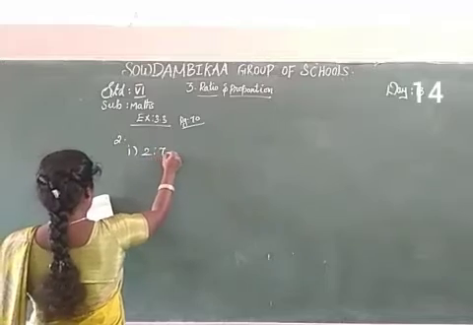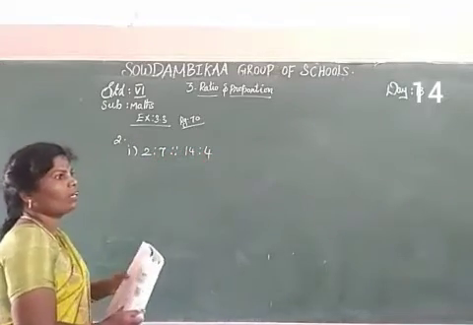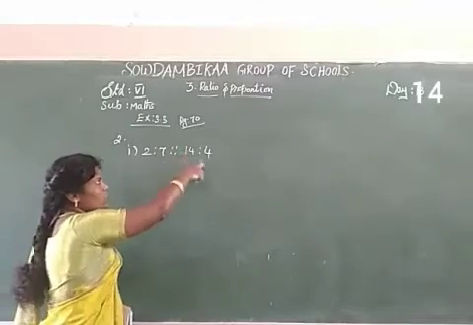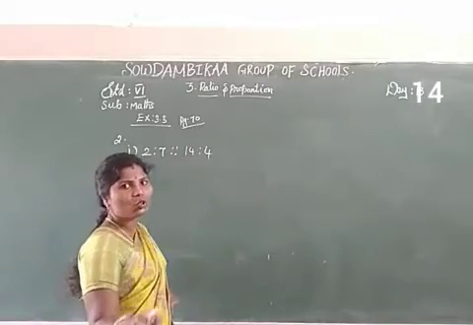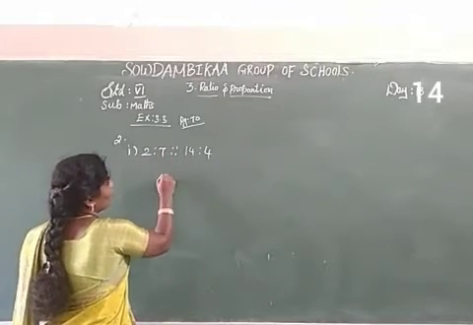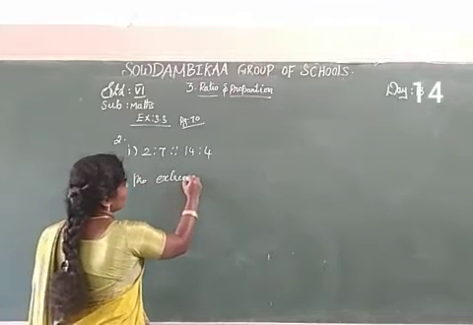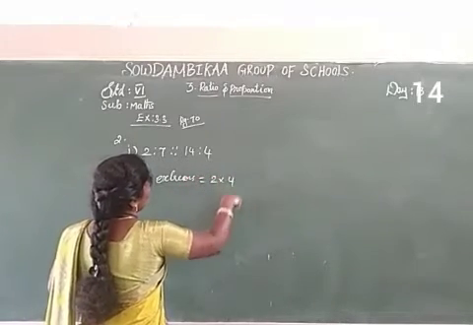2 is to 7, 14 is to 4. The same: if the product of extremes and the product of means are equal, it is true. If not equal, false. Now multiply the product of extremes: 2 is to 4.